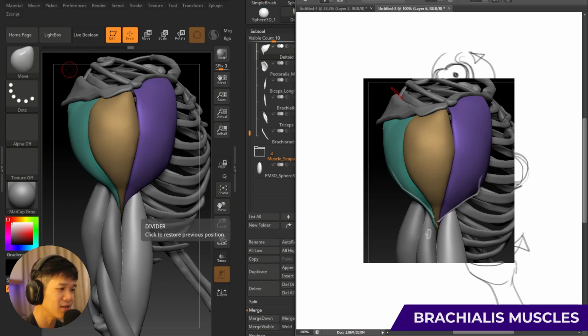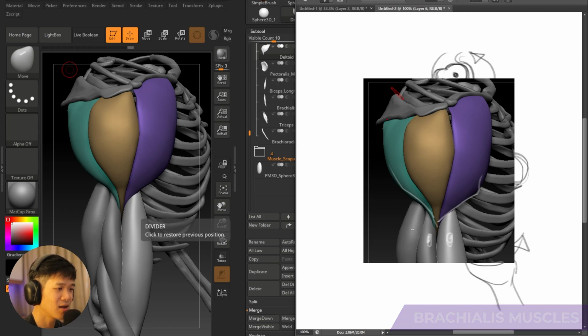Right, so this piece that we are going to talk about is called the brachialis, and that means the deltoid would sit between the brachialis and the biceps, not between the triceps and the brachialis, right? Just making sure that this joint here sits at the right position, not here. Okay, this is a mistake that I used to make. In fact, I'm still making it right now, and I need to remind myself constantly that it needs to sit between these two pieces to make sure that it is exactly right.